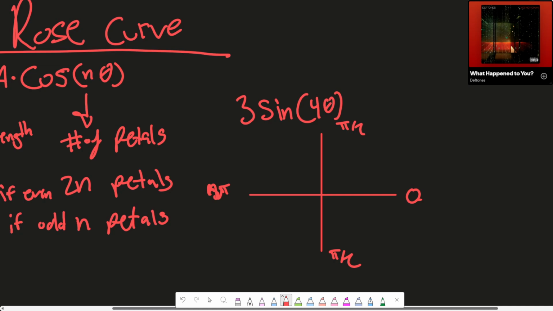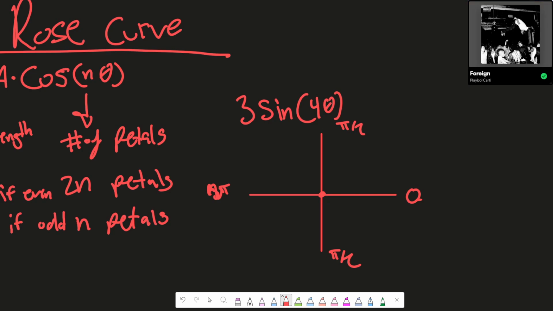And let's start. We know sine of theta at 0 equals 0. So 3 times 0 is 0. We're going to start at 0, 0. If we go to pi over 2, we know that at pi over 2, sine is equal to 1. So then we end up forming our first petal.